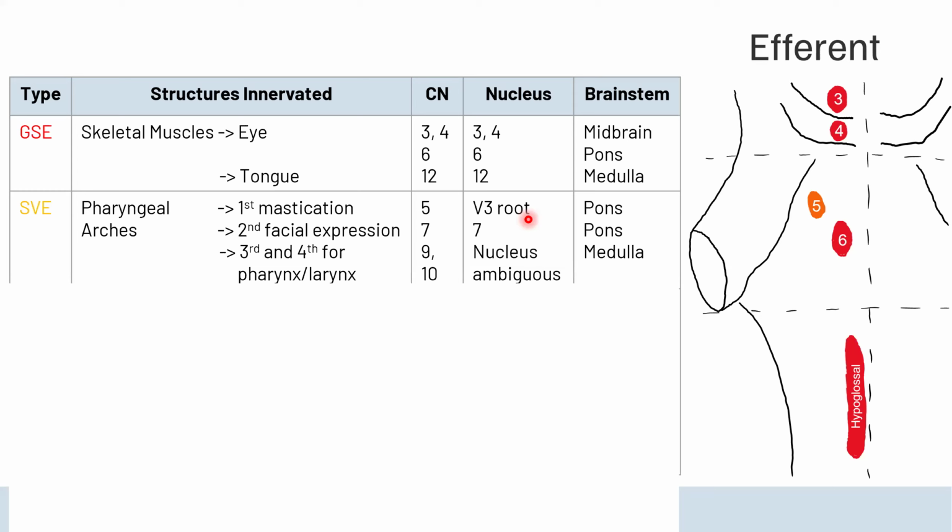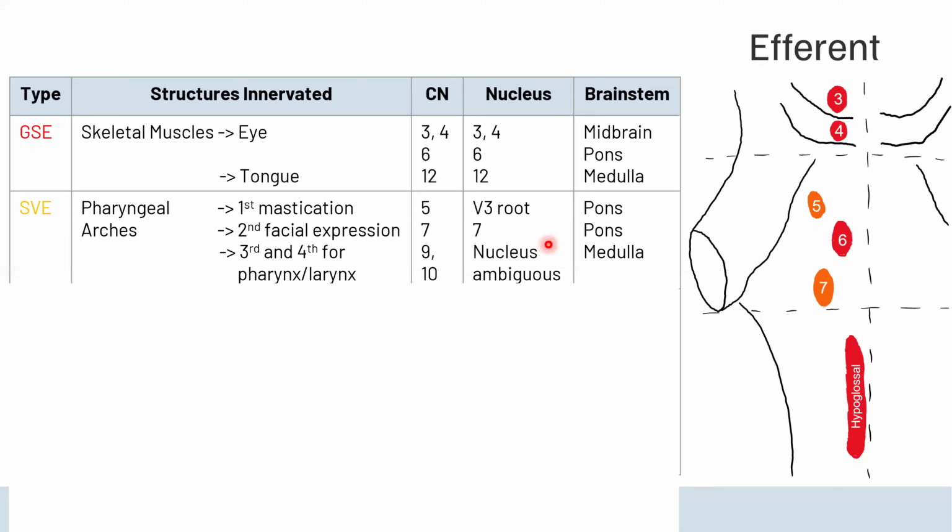Because we said that the trigeminal is primarily a sensory type of nerve, right? Now, facial expression is carried by the seventh cranial nerve, which is the facial. And the facial will have its own nucleus also in the pons, however, in the lower pons. So almost at the pons-medullary junction.